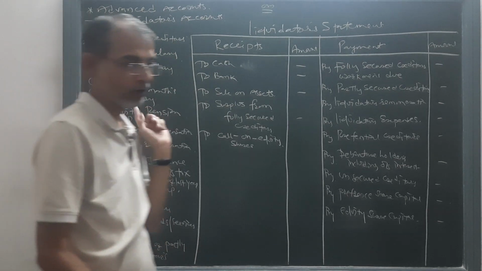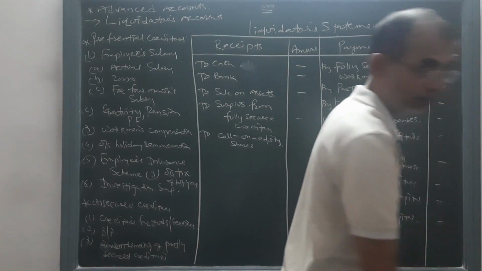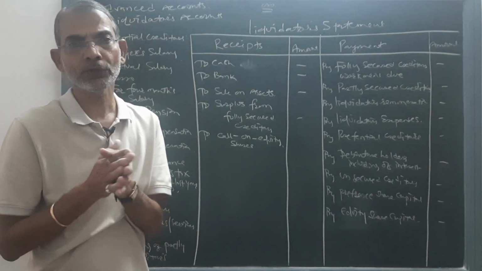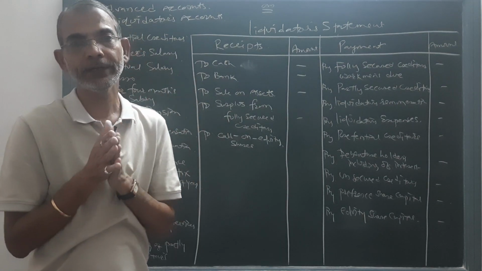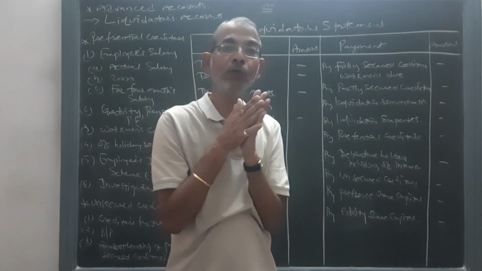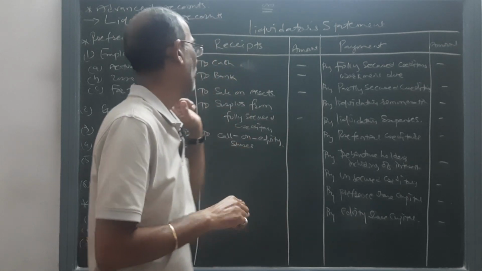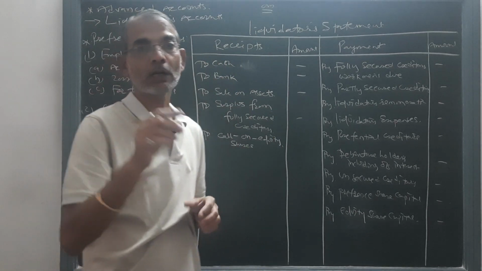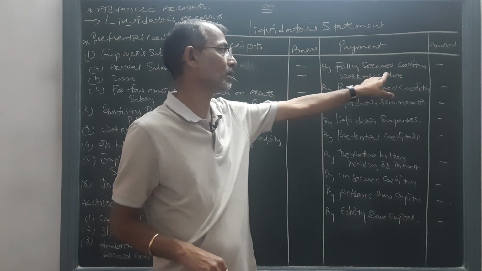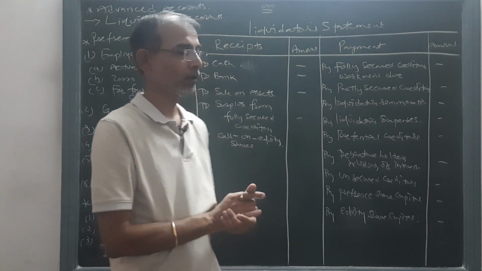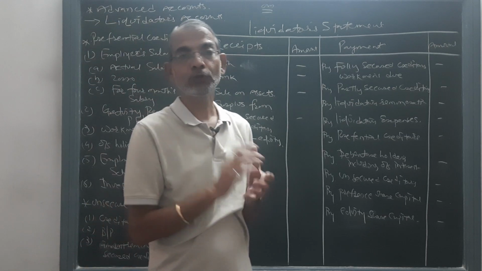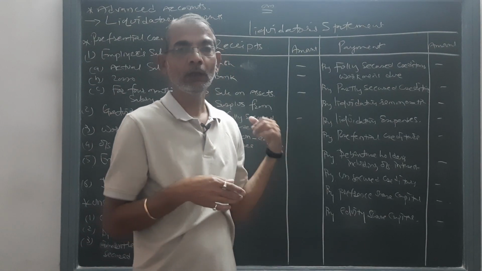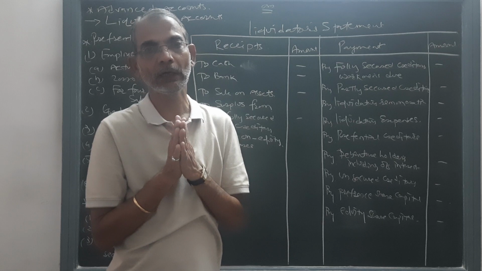In this way, the liquidator will prepare the statement. First, whatever cash or bank balance is in his hand will be written on the receipt side. Then the amount received by selling assets, surplus amount received from fully secured creditors, and if there is any partly paid up share, then the call will be made, and that amount will be written on the receipt side.